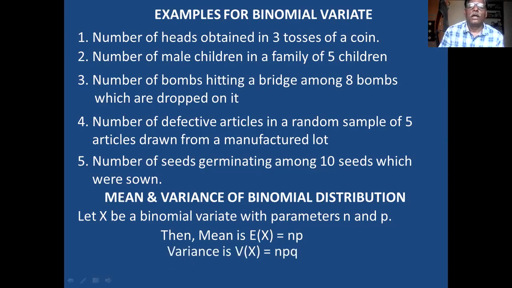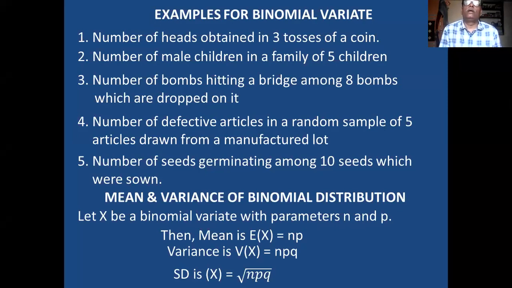And variance. If they ask to calculate variance, you multiply NPQ. NPQ is the equation for variance. And third is standard deviation. Standard deviation of X is equal to the square root of variance. These 3 equations you studied in your 5th semester, but there are slight changes.